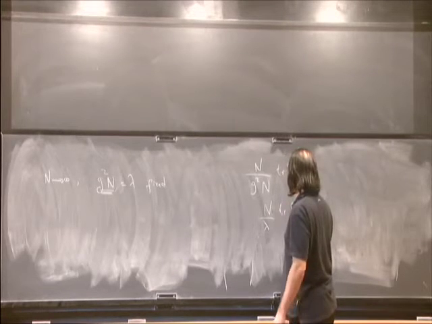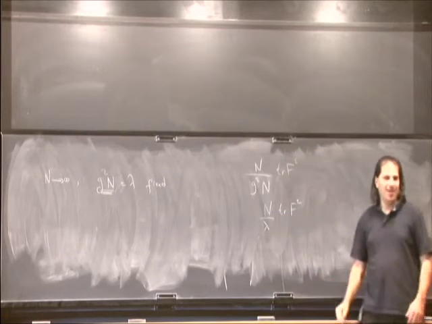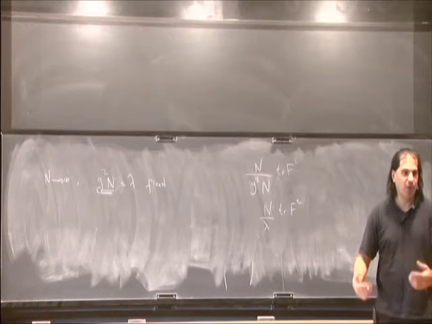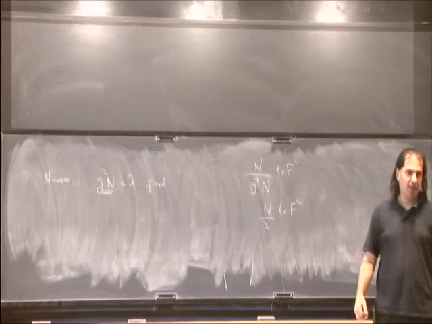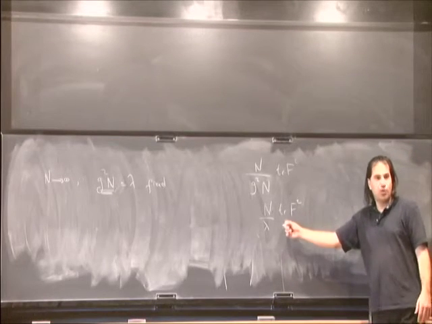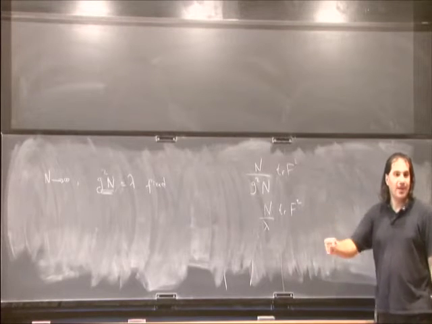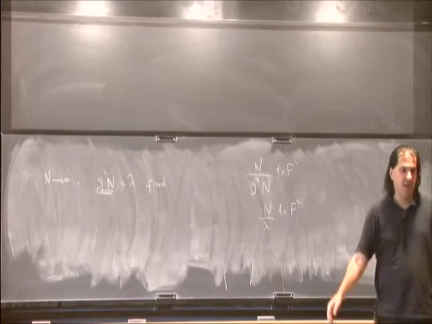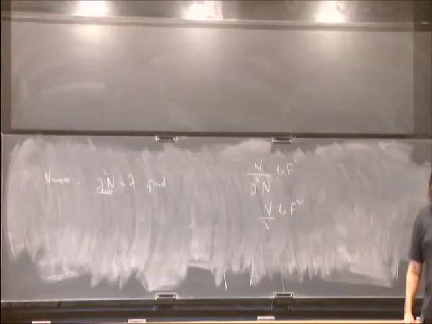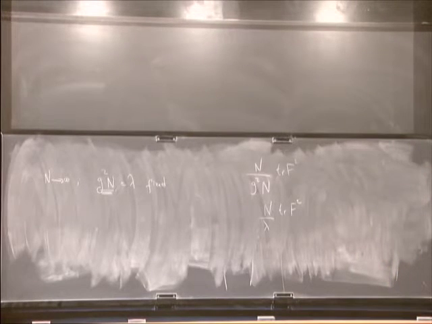With the N there, all the combinatorics gives you a clean expansion in powers of 1 over N. That's what 't Hooft figured out in the 70s, that the Feynman diagrams you get with this normalization have an extra 1 over N for every hole you have in the diagrams. And for planar diagrams you don't have the N singularity, right?